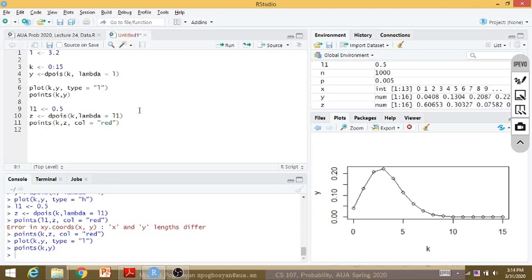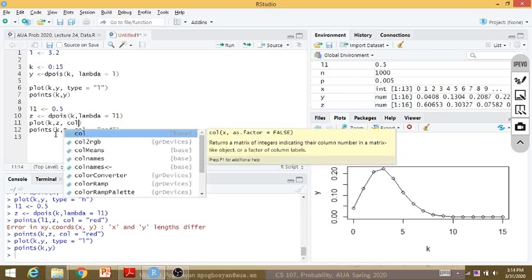Now I want to add to this another graph, but I need to adjust values because for these probabilities the Y values are between 0 and 0.20-something, 21, but for the second one probabilities are much higher. I will adjust that, but first let me take the following. I have calculated that Z, but let me plot K versus Z, and take the color red.